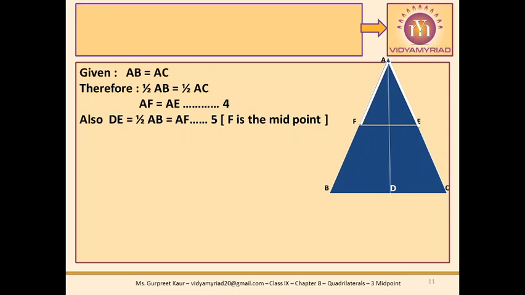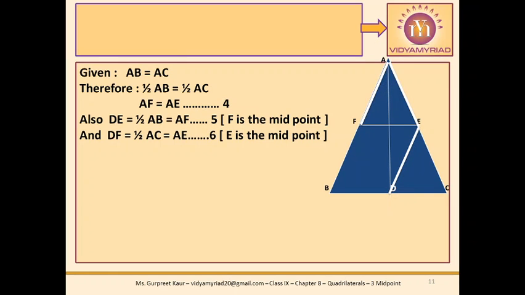So I can say DE is half of AB, that is, equal to AF. Because what is AB? AB is AF plus FB, and F is the midpoint. So I can say DE is equal to AF. Similarly, if I take DF, DF is half of AC, I know. So DF will be equal to AE because E is the midpoint.